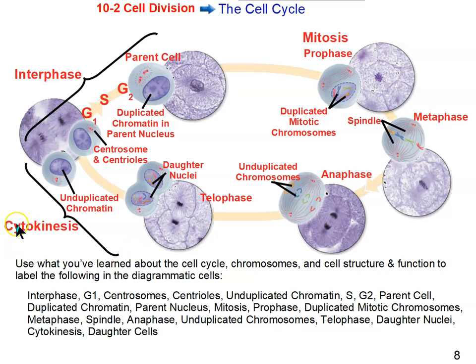And again, cyto refers to cell, kinesis refers to motion, movement, and so it's the actual movement of the daughter cells as they split. So now we have the daughter cells, which then enter back into G1, and the cycle starts anew for each one of those daughter cells. On the next few slides, we're going to take a closer look at what happens in each phase of mitosis.